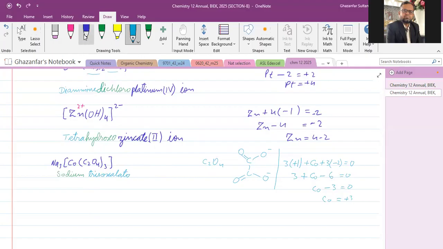And as the coordination sphere is negative, we will write cobaltate, and the oxidation number of cobalt is 3 plus. So the name of the compound is sodium trisoxalato cobaltate 3.